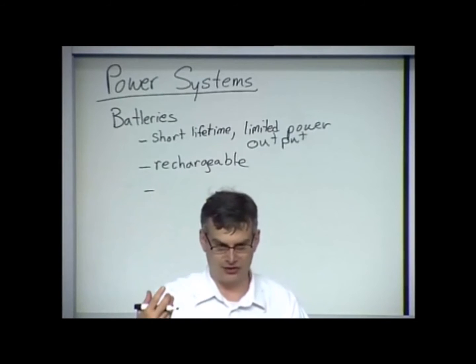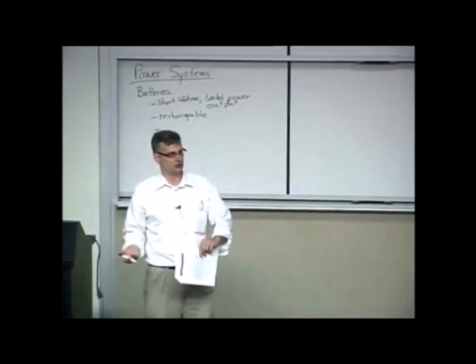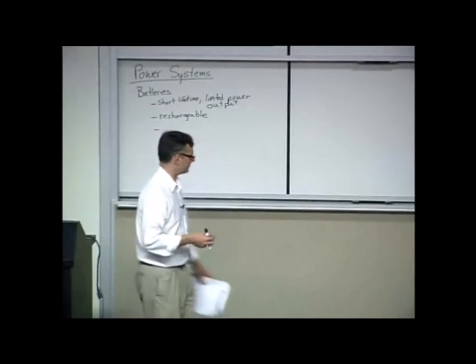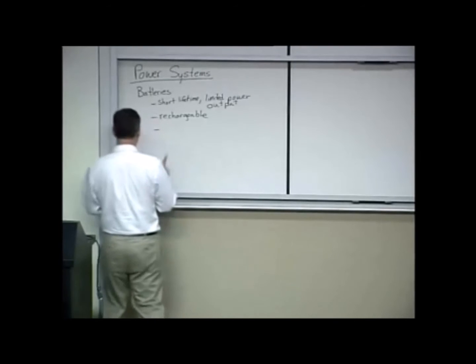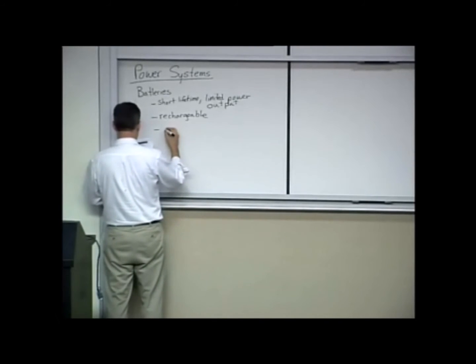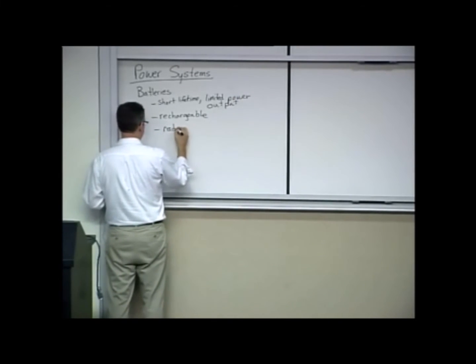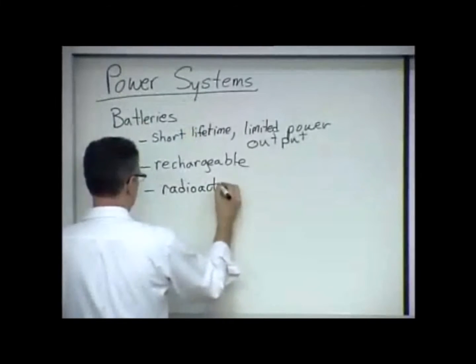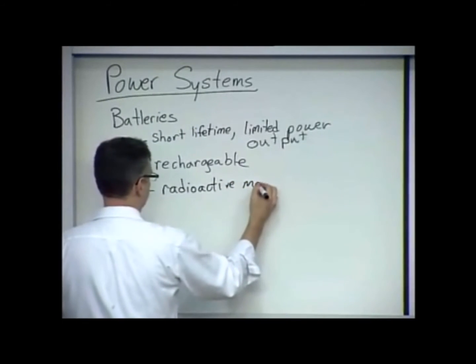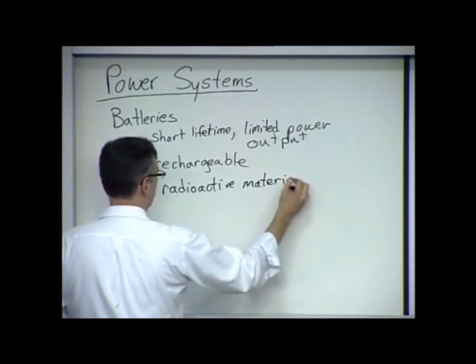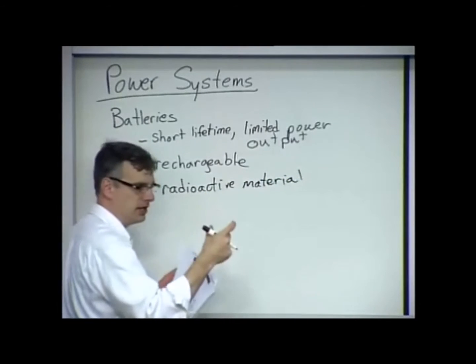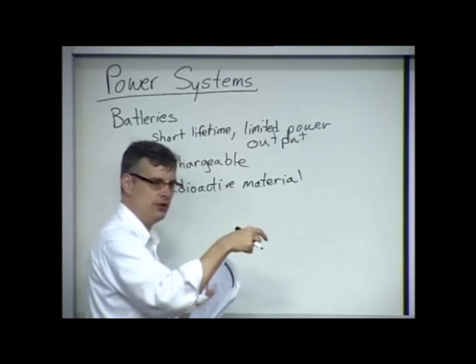Does your battery then cool off and you can't run the heater? And so what they typically do is they make these hockey puck type warmers that you put in with your battery.